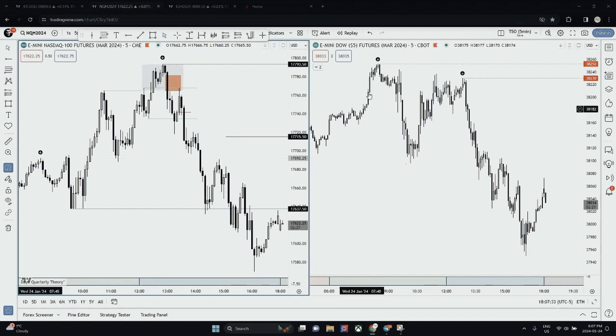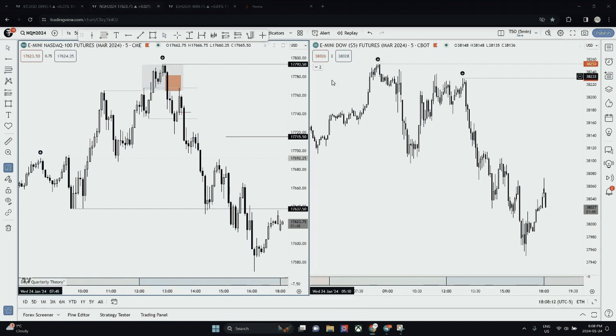Let me go over that again. You have this higher high forming here, Q3. Price breaks down during Q3, trades up during Q4, fails to break this high, while over here you have price trading way above this same high which formed at the same time as this.